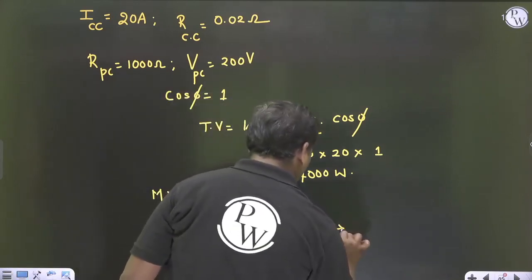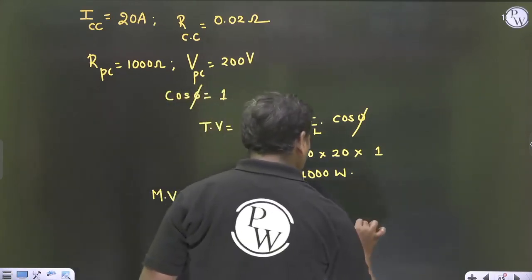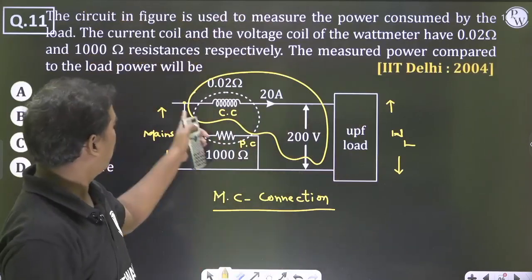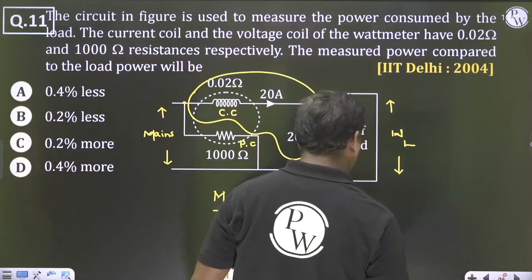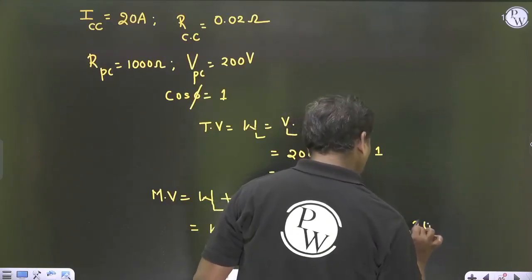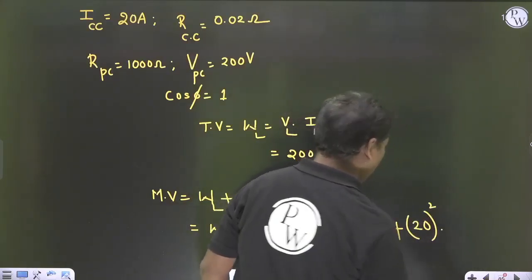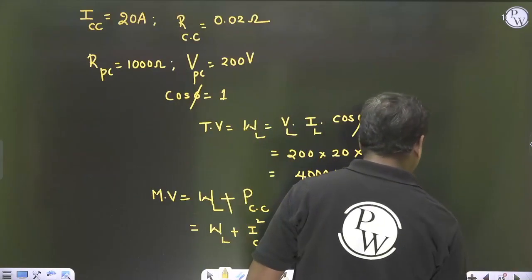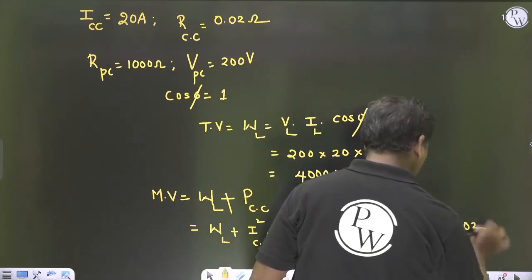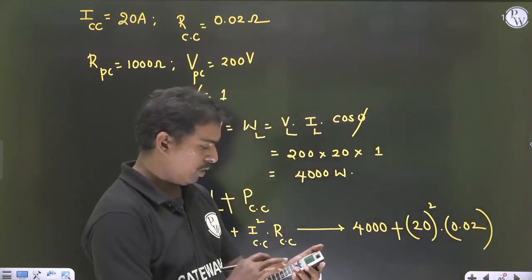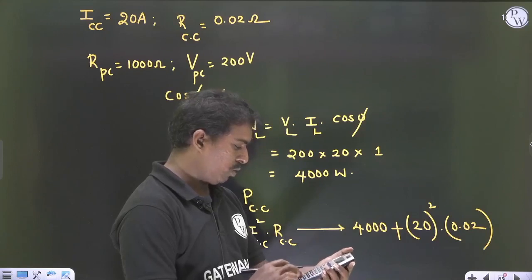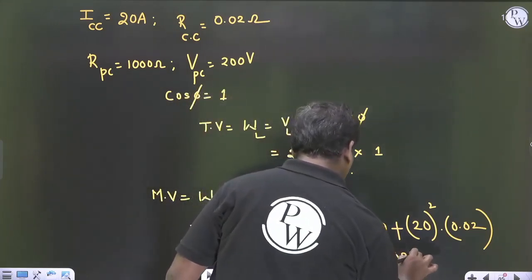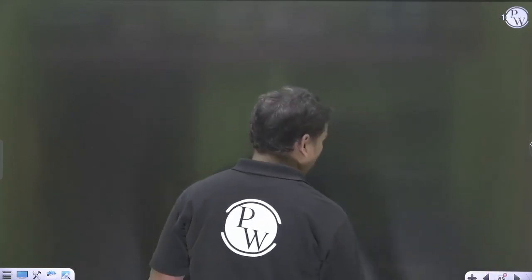This is the 4000 plus 20 squared into 0.02 ohms, which is 8. So we get 4008 watts.